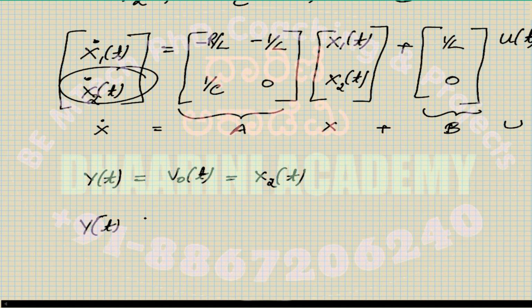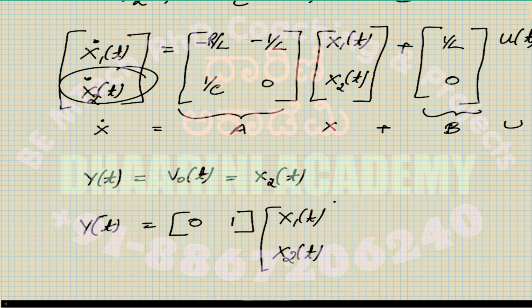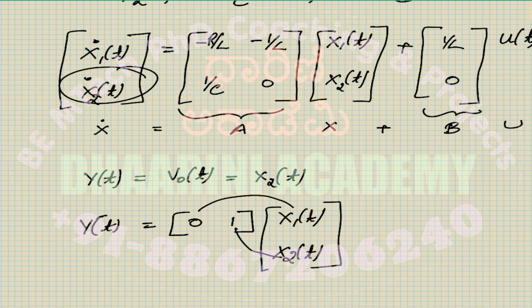So the y of t is equal to, now you see, it is just x2 of t. So I multiply 0 and 1 with x1 of t and x2 of t. If I write like this, is it okay? 0 times x1 plus 1 times x2. It's equal to x2 itself, correct?